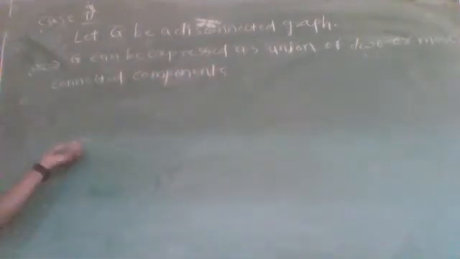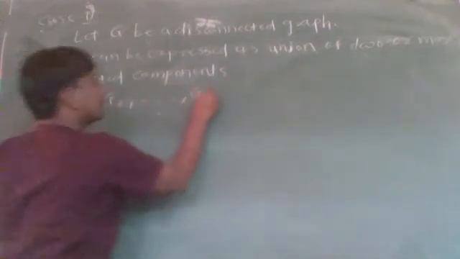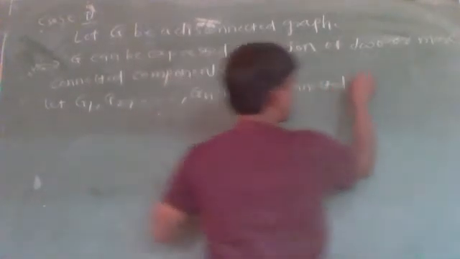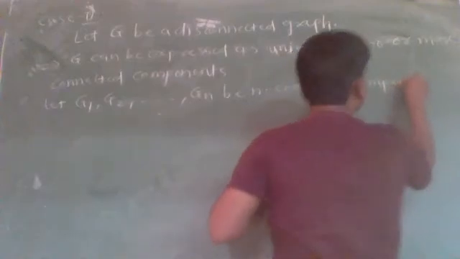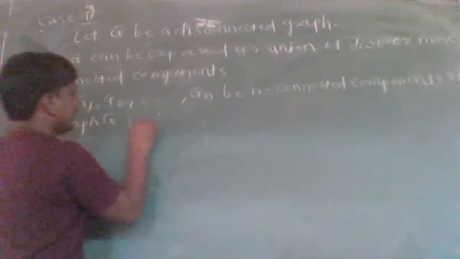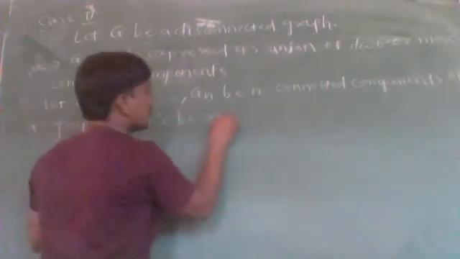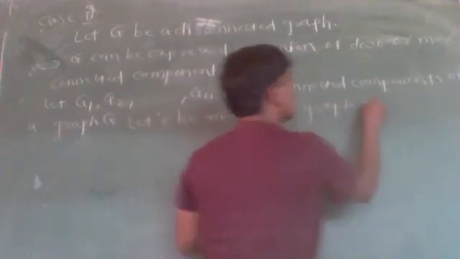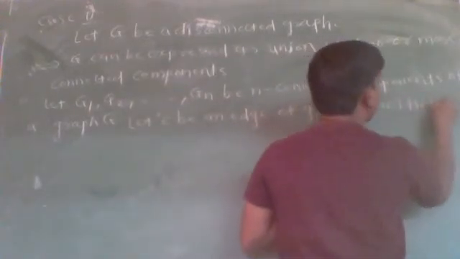Let G1, G2, up to Gn be the connected components of graph G, and let E be an edge of graph G with vertices U and V.